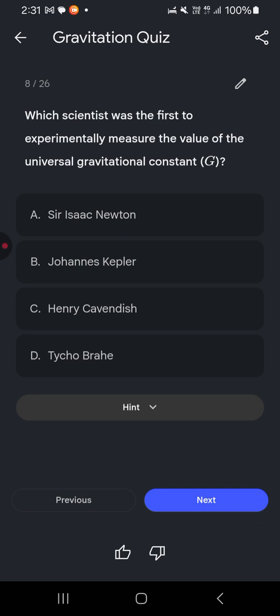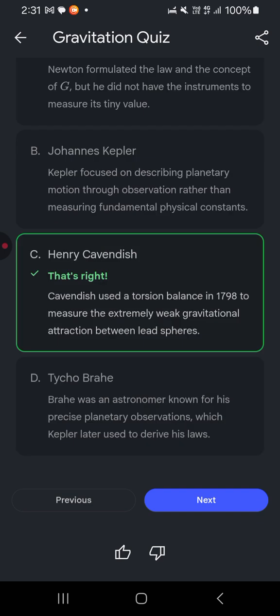Which scientist was the first to experimentally measure the value of the universal gravitational constant, that is capital G? Correct answer will be C, Henry Cavendish.